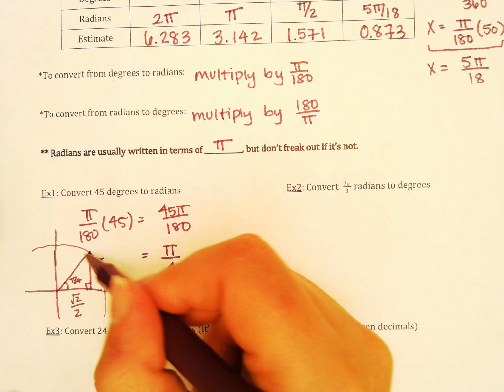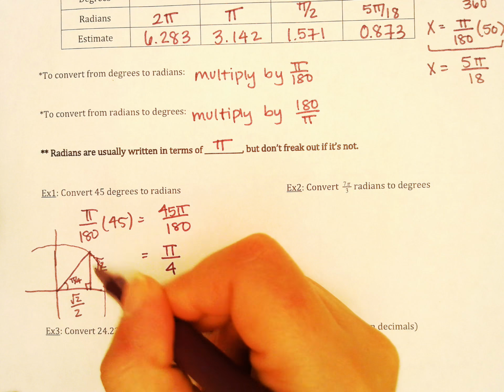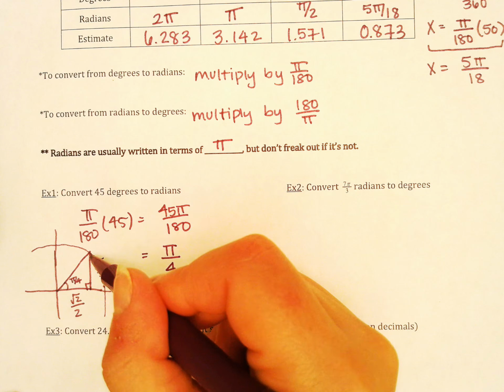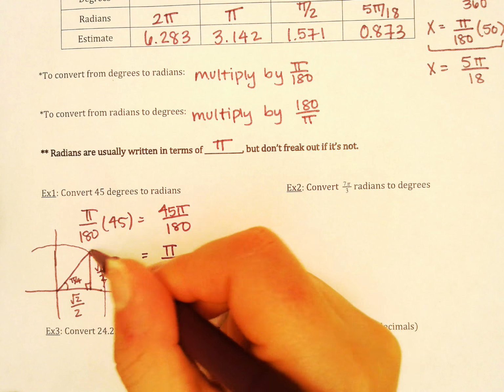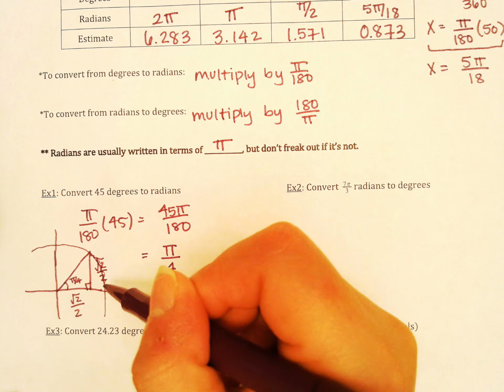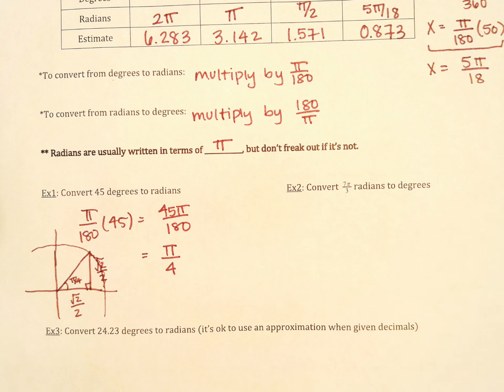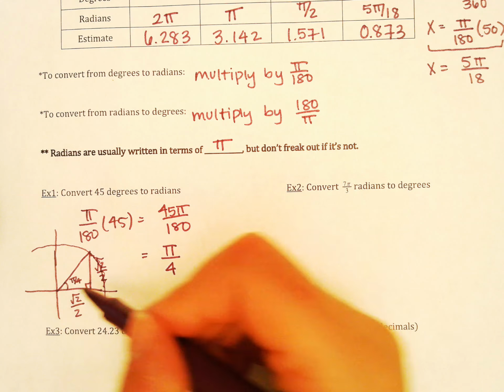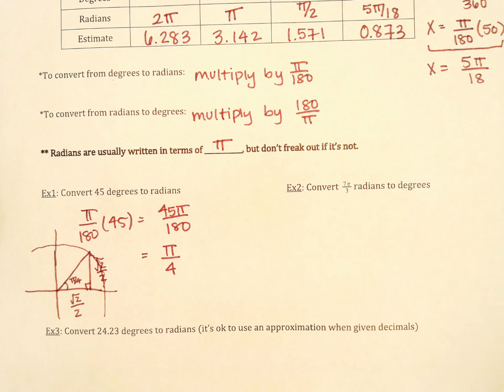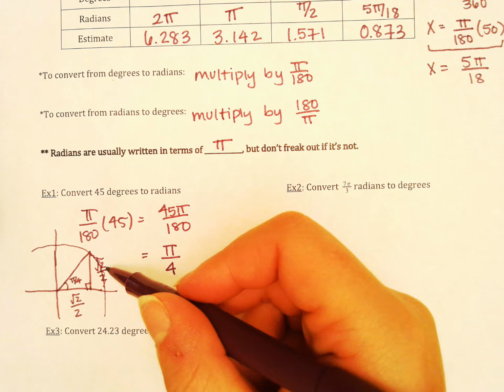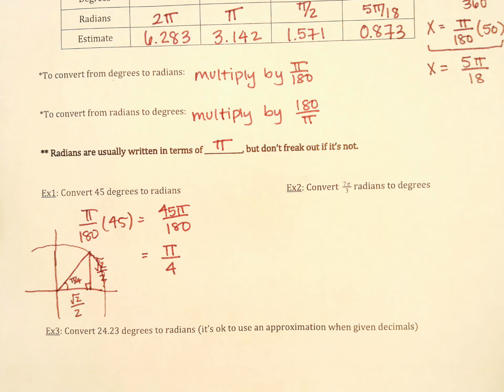But it corresponds to an angle measurement because we're about an eighth of the way around our unit circle, which would be 45 degrees of the entire 360 degrees. So we use it to correspond with an angle measurement. I'm labeling it here as an angle, but it's not necessarily that angle. It's just my pi over 4 measurement. But pi over 4 still has a cosine value and a sine value of root 2 over 2, just like 45 degrees does.